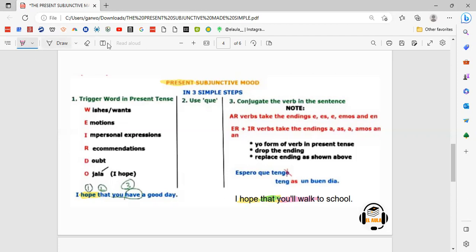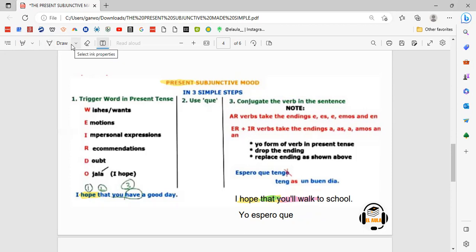So realize that it's two different persons, essentially, in this one statement. So we have our first two sections down. Yo espero que.